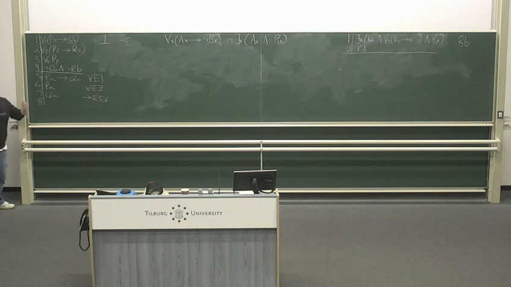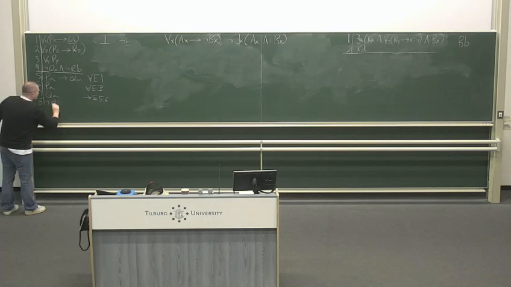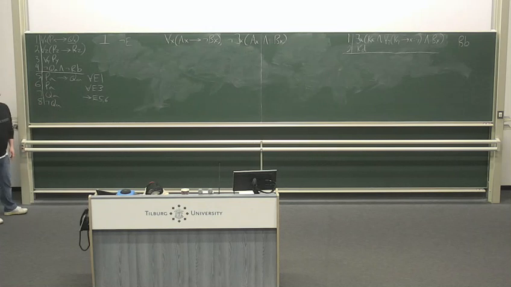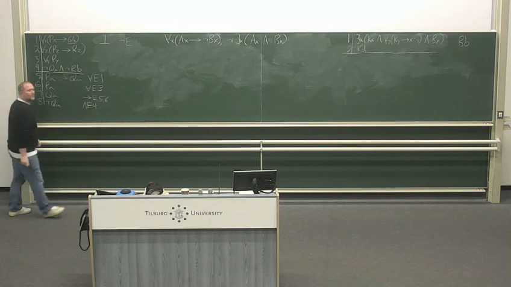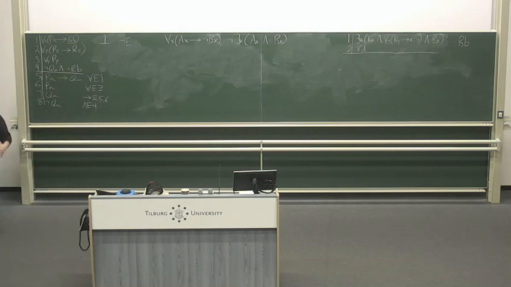And now remember, the aim was to eventually get our contradiction. So what we want here, we get not QA. And this is easy, because the only thing in the way of us getting not QA is that conjunction. And conjunctions are no problem at all.